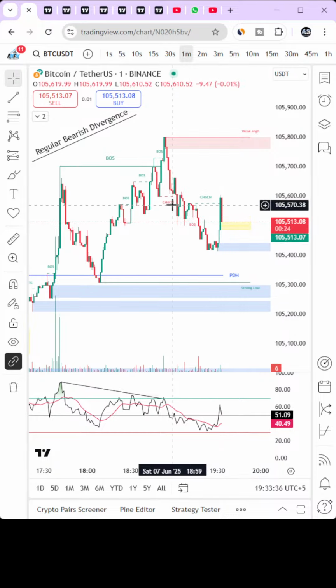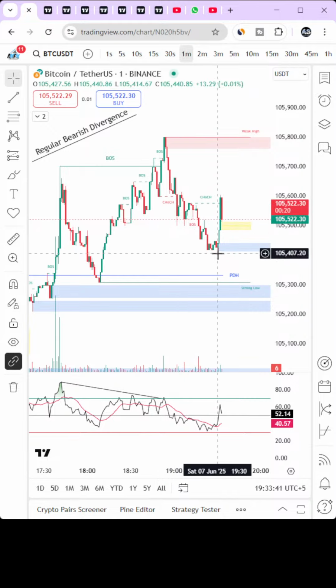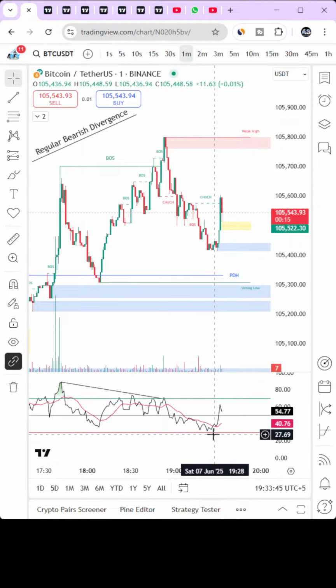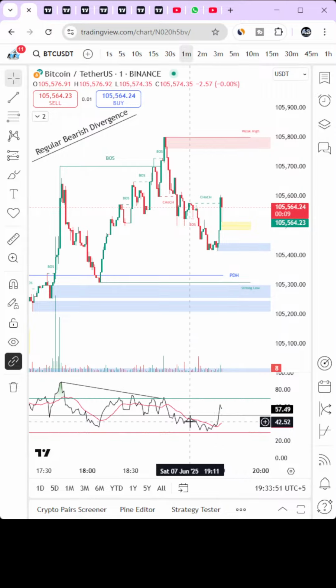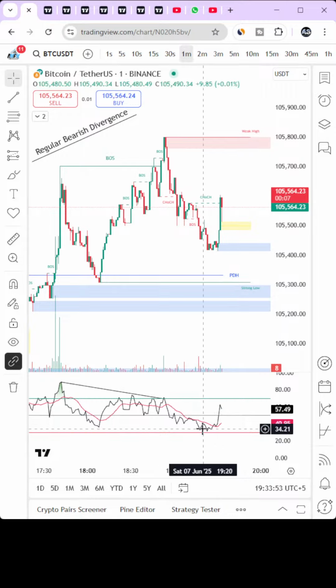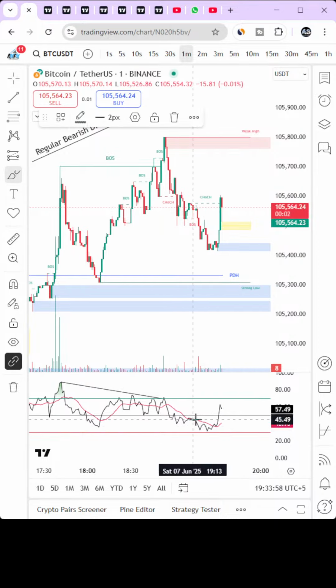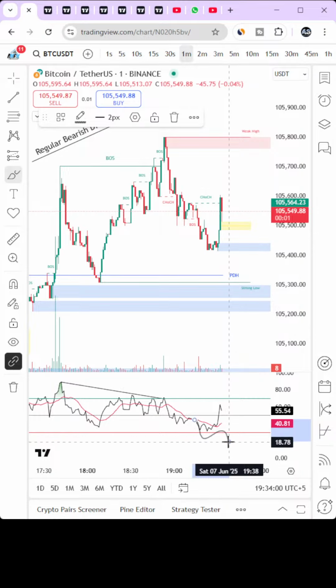Now you are looking that the market is coming and making lower lows and lower highs, and the RSI has not touched this 30 band line. If the market had to go for the further sell side, it had to create an oversold position.